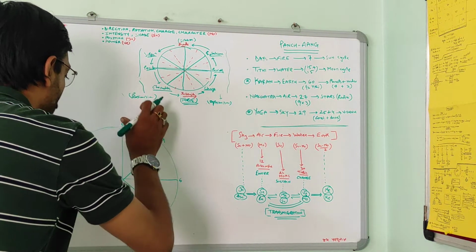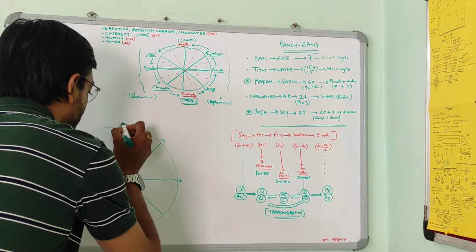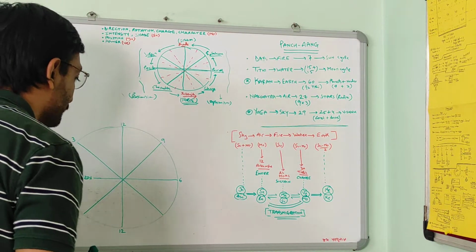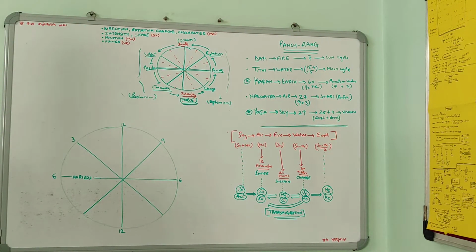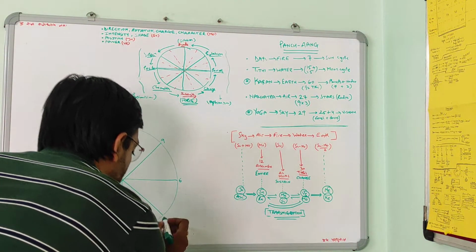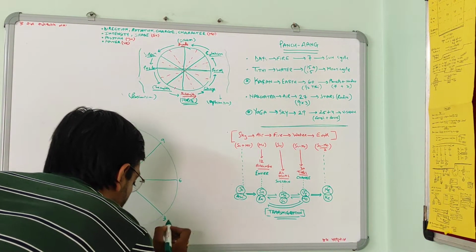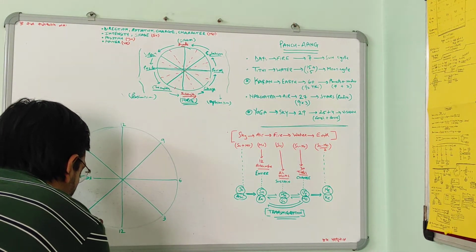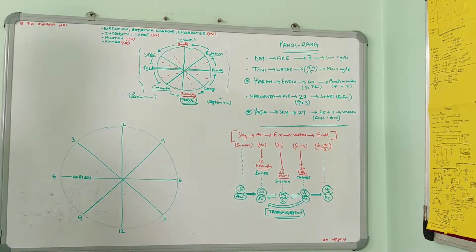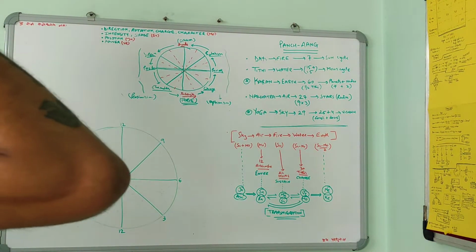Let's not write it that way. We write AM, PM. So after 9 comes 6. After 6 comes 3. Then 9. This is the horizon, in between from 6 AM to 6 PM.